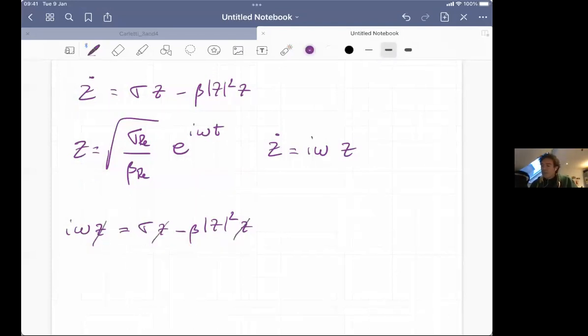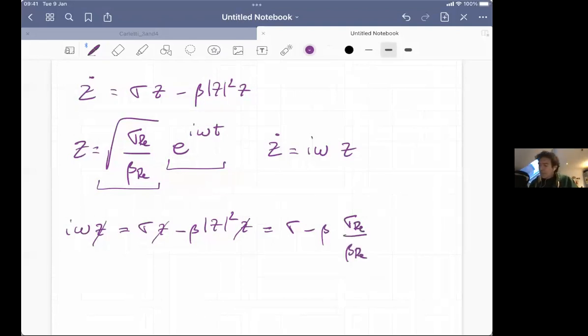Second, here you have the modulus of z. So this is equal to sigma minus beta. And the modulus of z, being this part with modulus 1, is just the modulus of this quantity, but squared. So it is sigma real divided by beta real part.